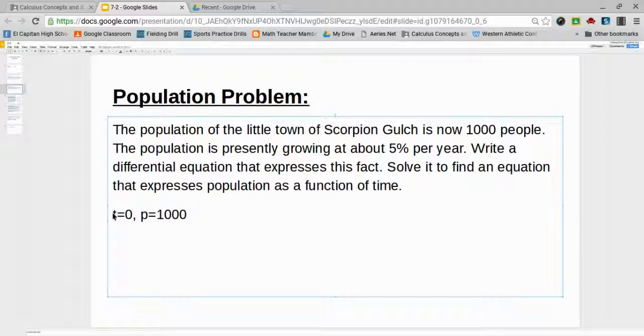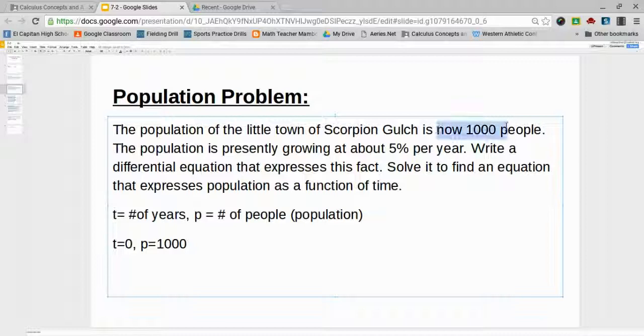So if those are the variables that I'm using, T and P, then I'm going to set T equal to the number of years, and P equal to the number of people or the population. Okay. And that was my initial condition.